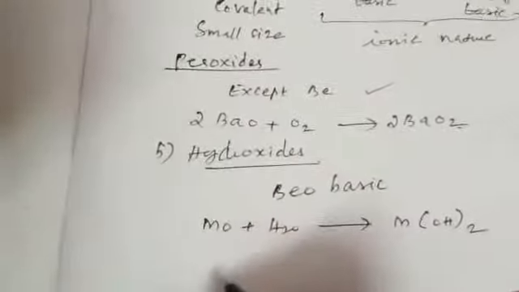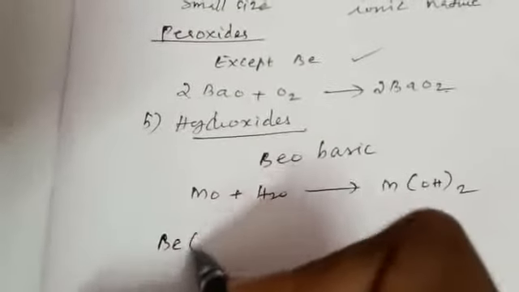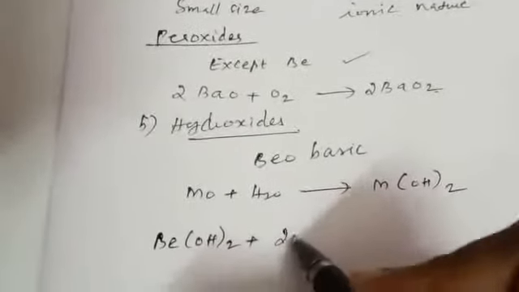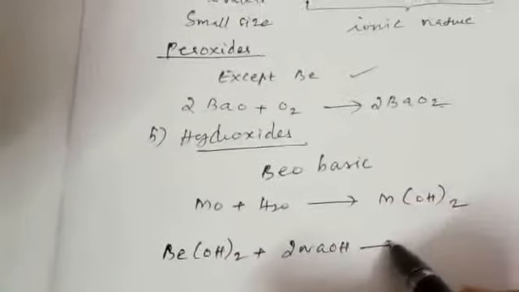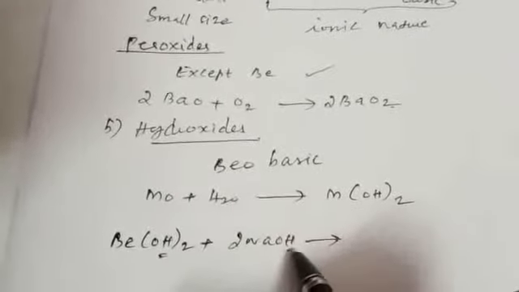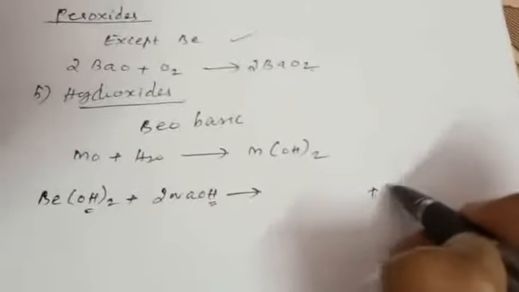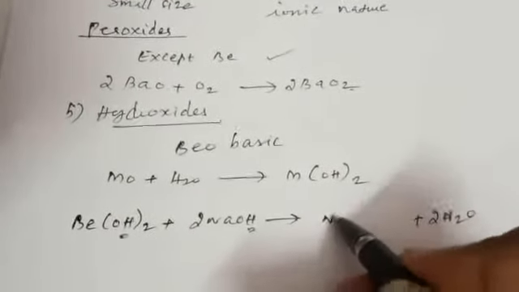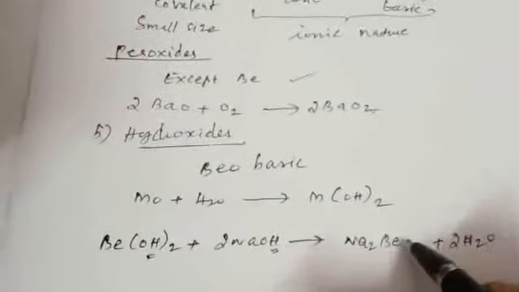Next, beryllium hydroxide Be(OH)2 reacts with a base, NaOH, releasing water molecules. Here 2 hydrogens, here 2 hydrogens, so 4 hydrogens, 2 H2O released. The remaining is Na2BeO2.